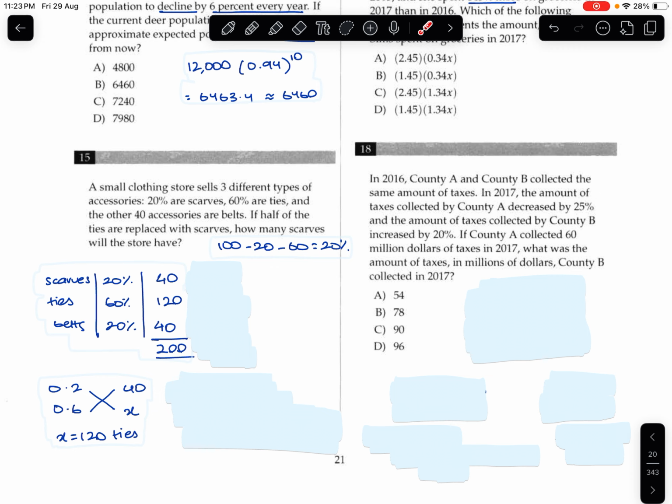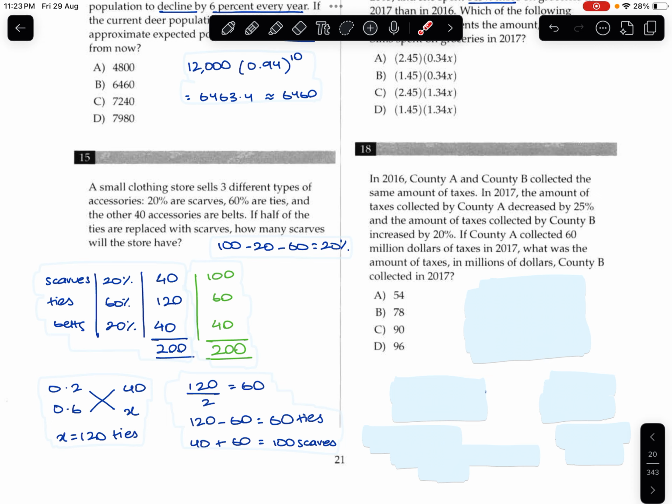Now, the second part of the question says, if half of the ties are replaced with scarves, how many scarves will the store have? So we have 120 ties. Half of that would be 60. So if we are replacing half the ties with scarves, our ties go down to 60 and our scarves will increase to 100. 40 plus 60 and we get 100 scarves. Let's add another row.